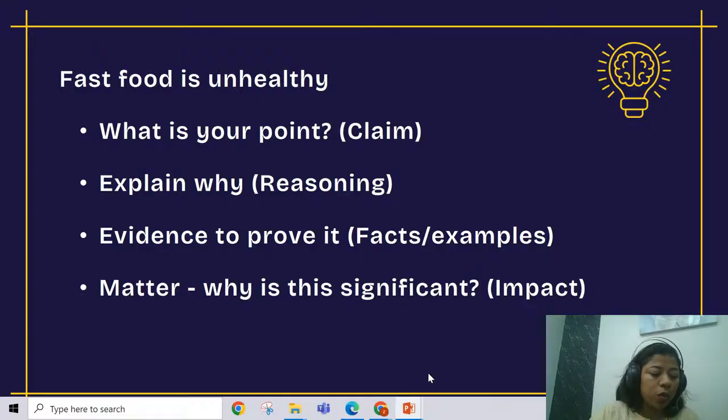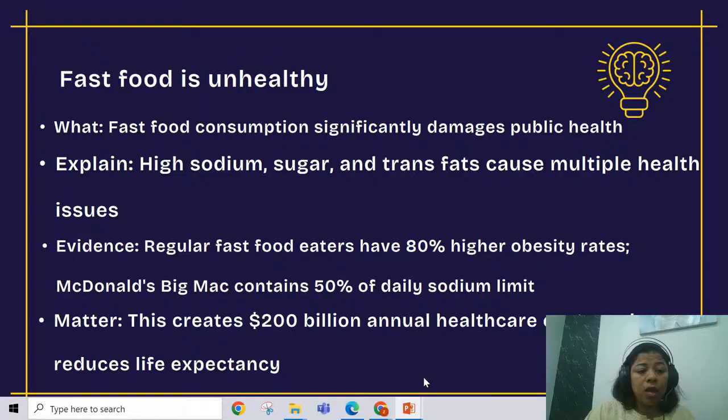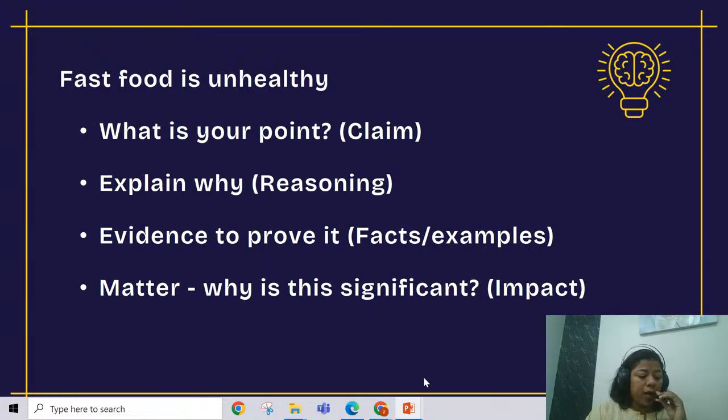Although I have not given you any source to prove it right now, if you know any data, put it down, or you can for now put in some random number. And matter: why is it significant for us to know that fast food is unhealthy? Okay, I'll give you 1 minute to do that. Quickly do it.